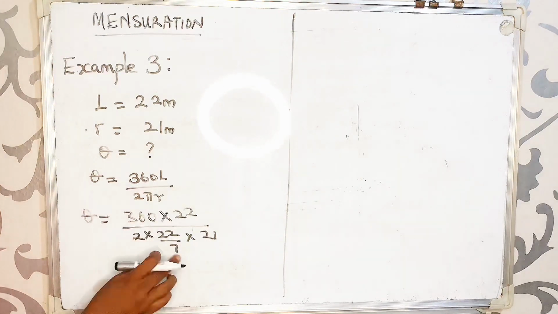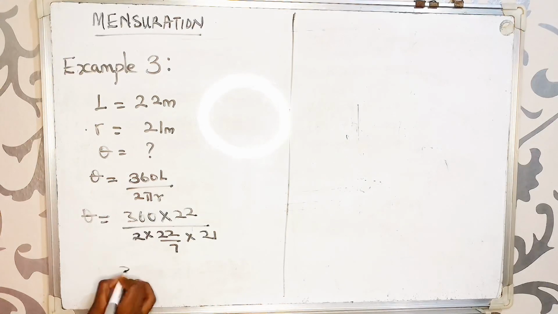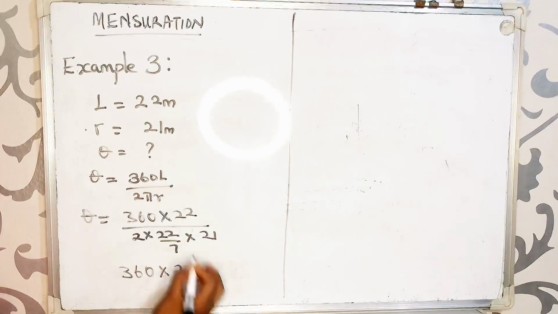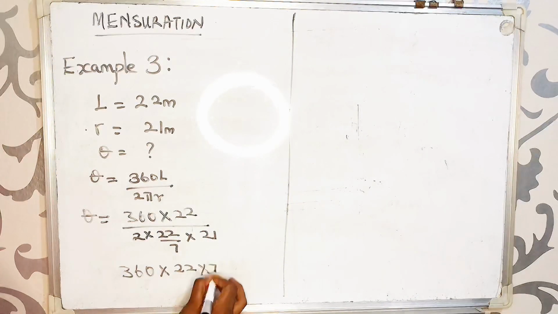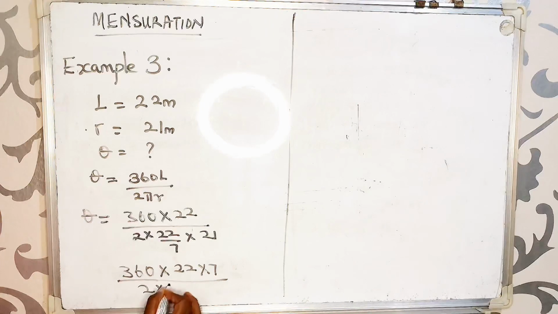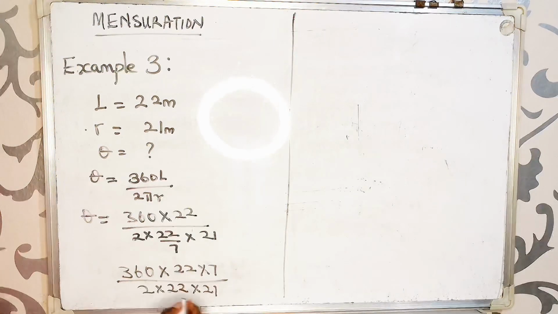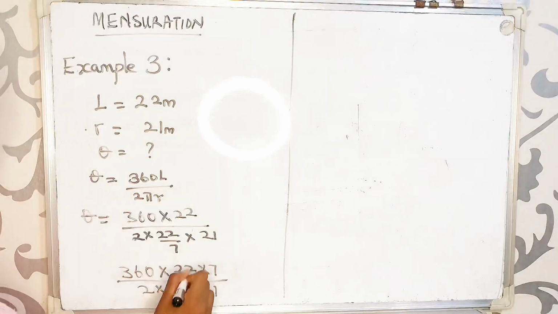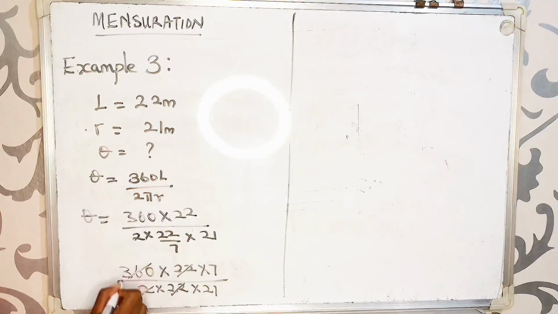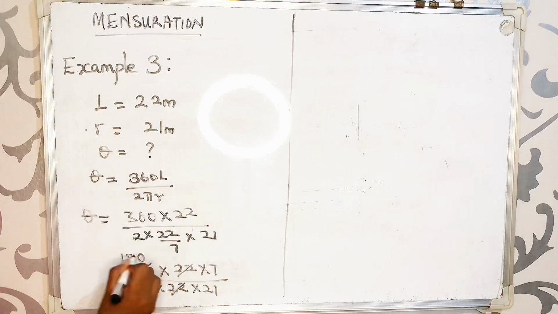Now we have to get rid of this division sign here. So we are going to just invert, move the 7 to the top part and turn it into multiplication, and then it will be 2 times 22 times 21. So here we're going to have this cancel out this. This into this will give us 180.